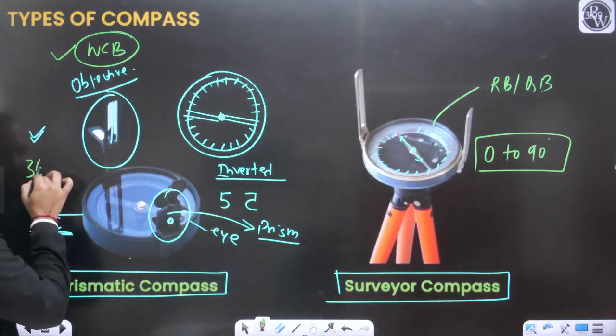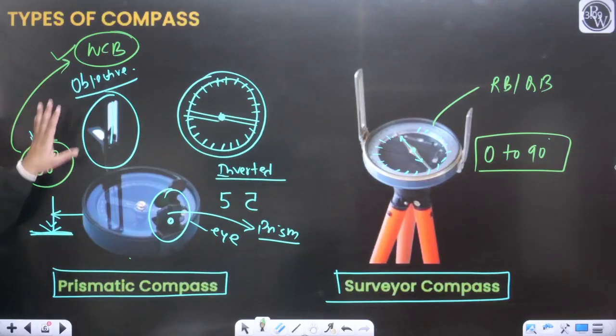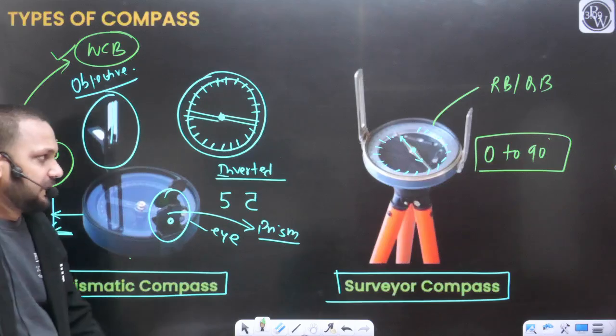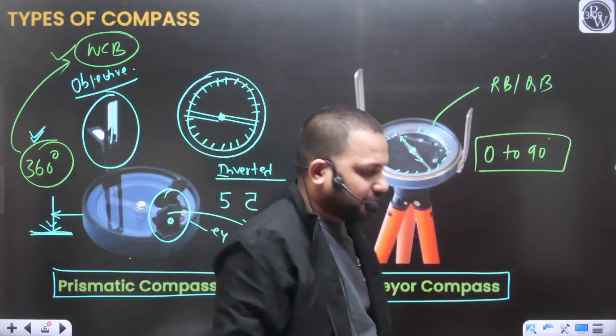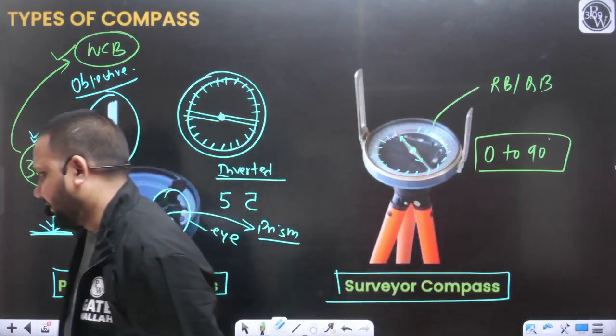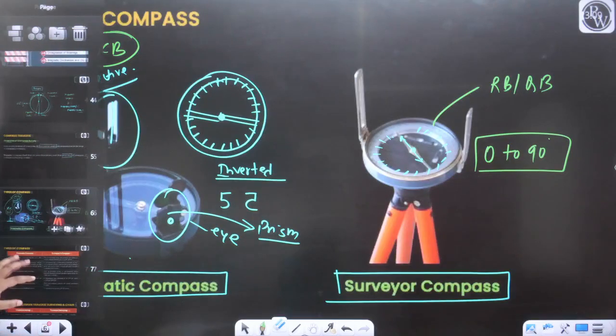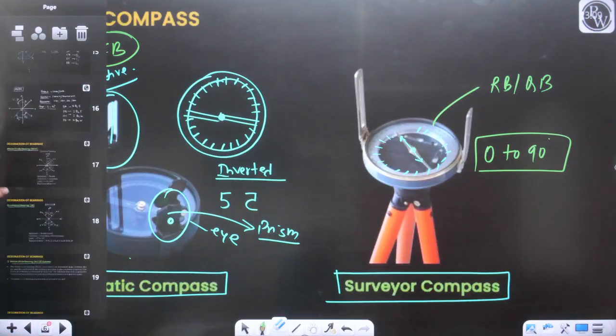Here the range will be equal to 360 degrees. This range you will get in the case of the WCB system, and this range you will get in the case of the RB or QB system. So I hope now the entire discussion is clear to everyone.